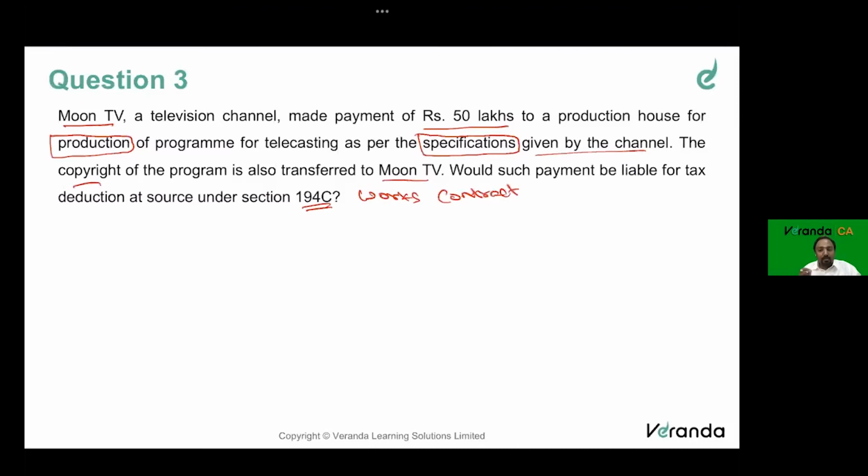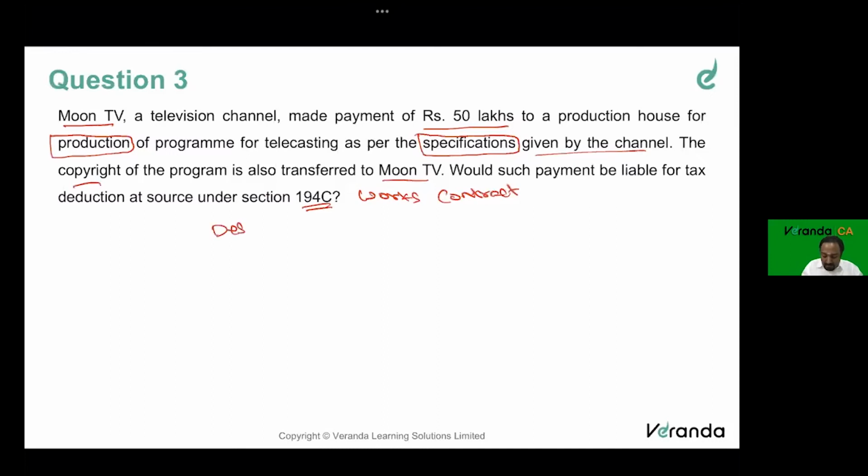One relates to manufacturing, another relates to media. What they are trying to say is, when you say works contract, the person who is allocating that work must be completely involved in it. Typically, we'll take a manufacturer first.